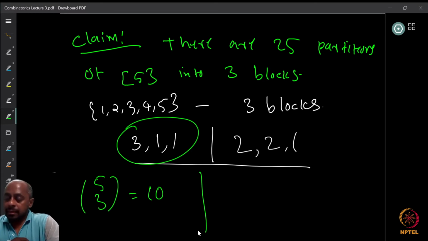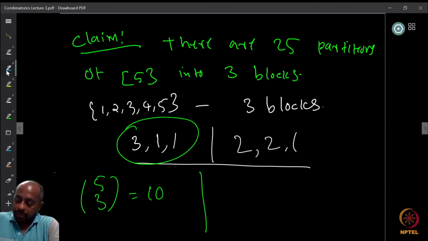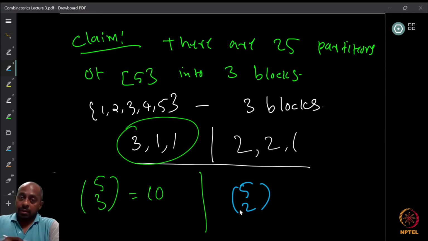Now, on the other hand, if you look at the 2, 2, 1 configuration, then if you choose, let us say, 2 of the elements, in how many possible ways? 5 choose 2 possible ways. You select the first 2 elements.